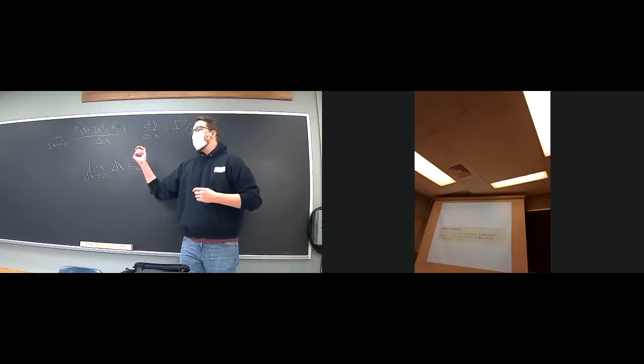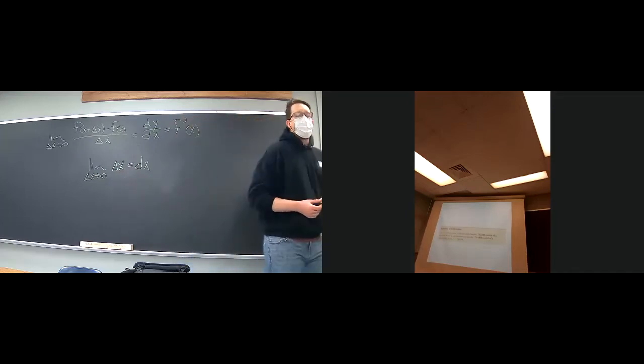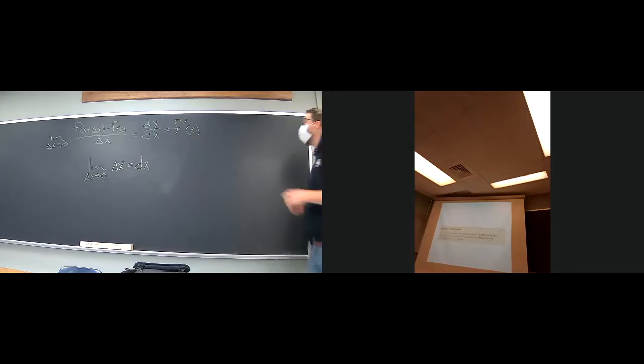Now dx, according to Liz, looks like it ought to be 0. Really what it actually is is something very close to 0, but not 0. And this becomes a little bit clearer with other calc courses, but I want to make this point first.